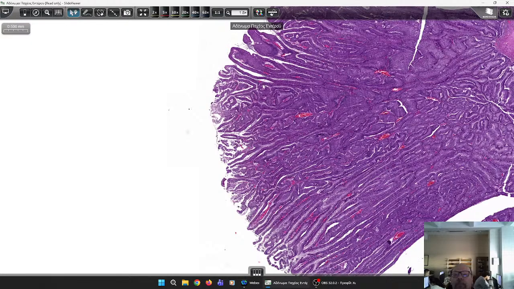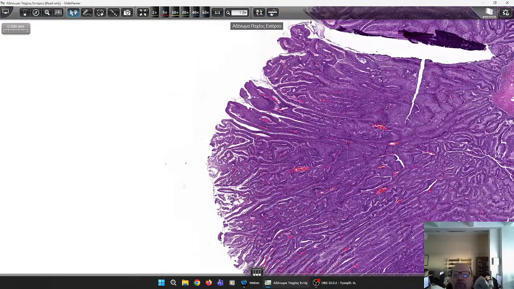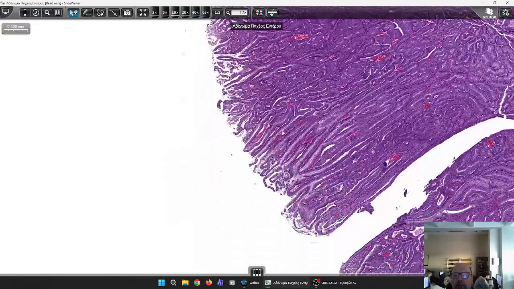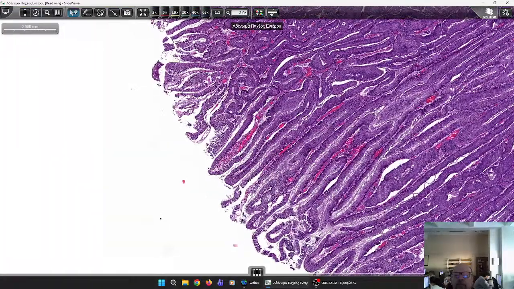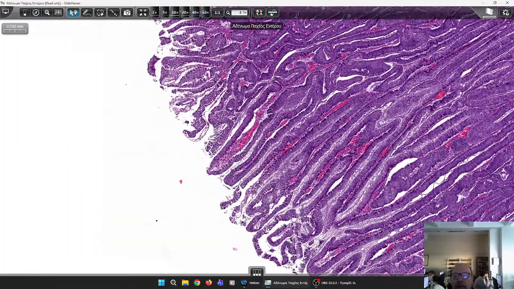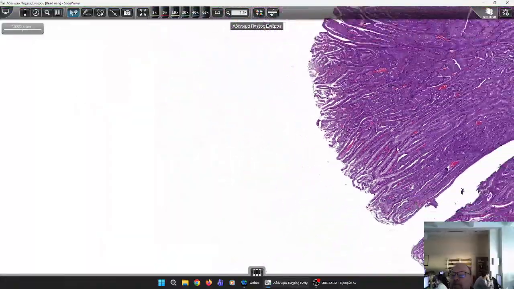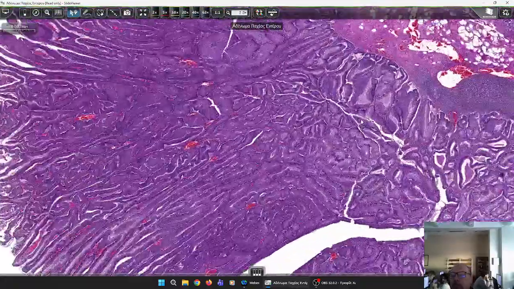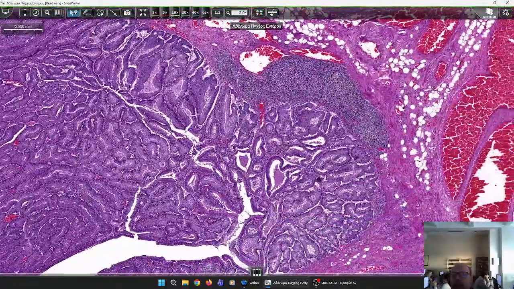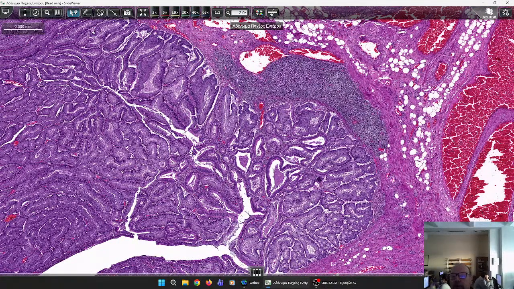You see, here are the villi, the villus component of its architecture with the stalks. This is a villus, this is another one, you see? But it is also composed of tubules. Here they are, the tubules. So this is a tubulovillus conventional adenoma.